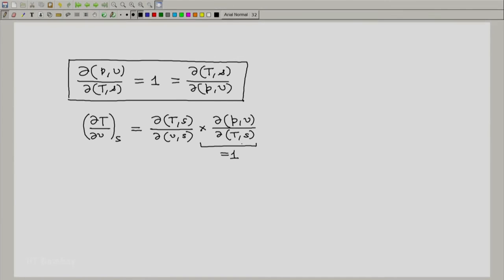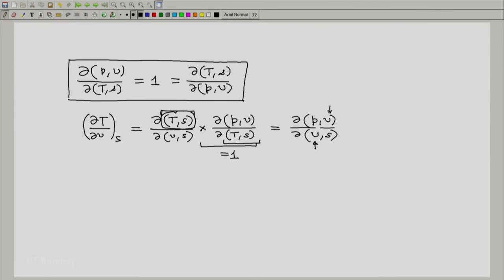Now we know that this is a product of two Jacobians, and the pair of variables which we have in the numerator here is the pair of variables which we have in the denominator here. So we can essentially cancel them out, and then we know that this will be equal to the Jacobian of P and V with respect to V and S. And now we notice that in the numerator and denominator we have V common, but that is not on the same side.